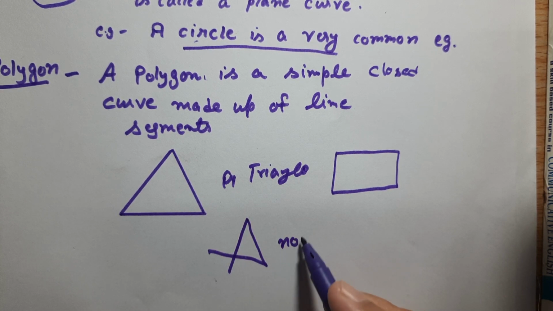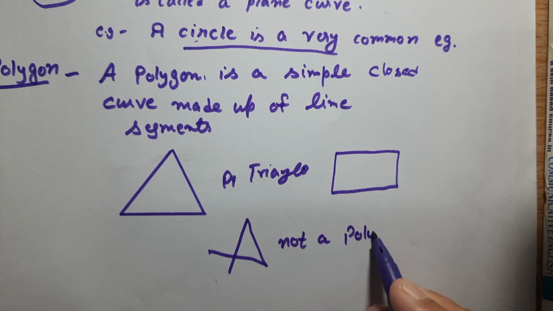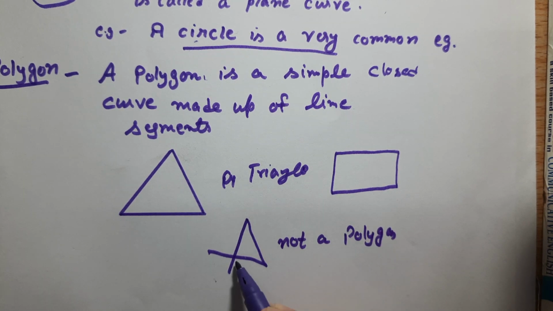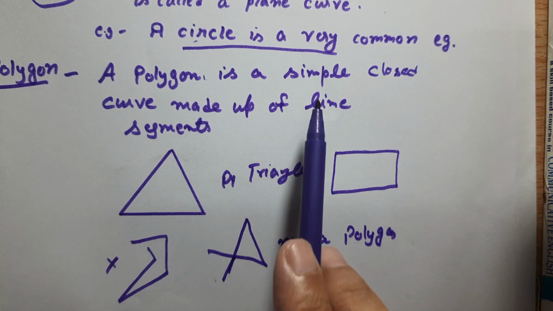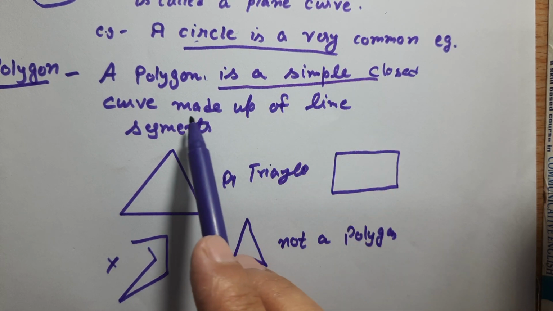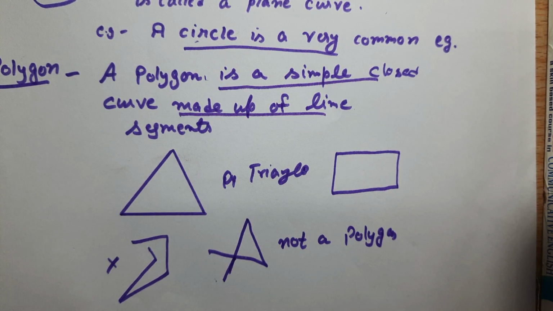No, it is not a polygon because lines intersect here, and also it is not closed, it is open from here. This figure, can you say it's a polygon? No, it is also not a polygon because it is open from here. So a polygon is a simple closed curve made up of only line segments. I hope it's clear now.